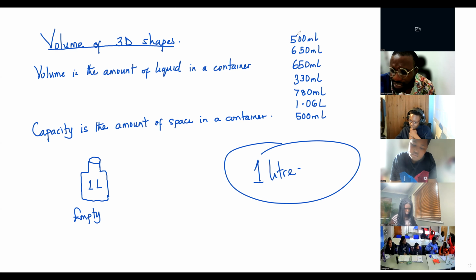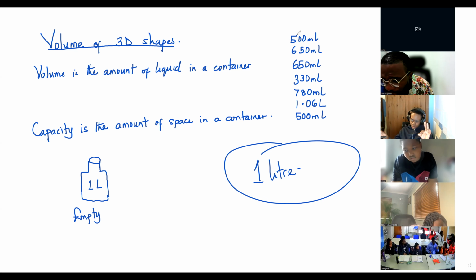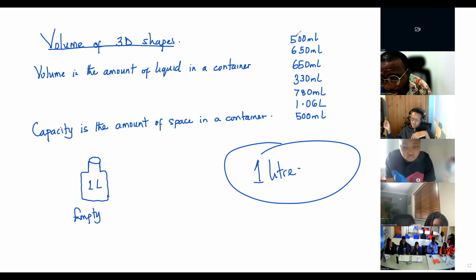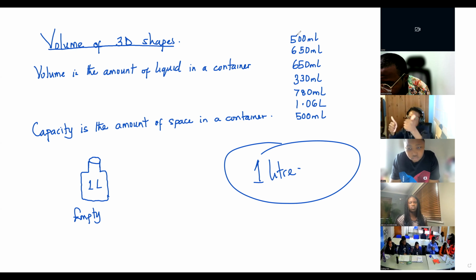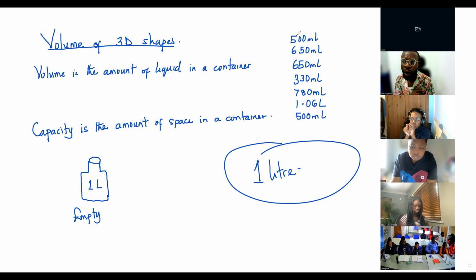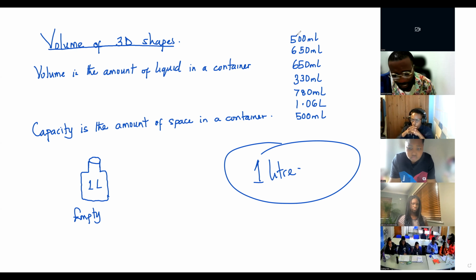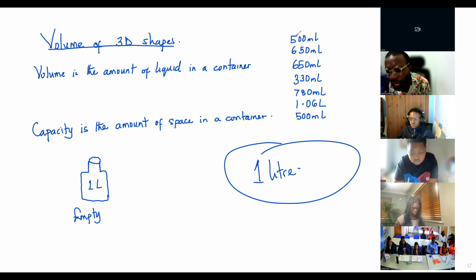Now, because it is empty, does that reduce the capacity of the bottle? Does that mean it is no longer 780 ml? So the point is, capacity is constant. Volume depends on the liquid in the container.